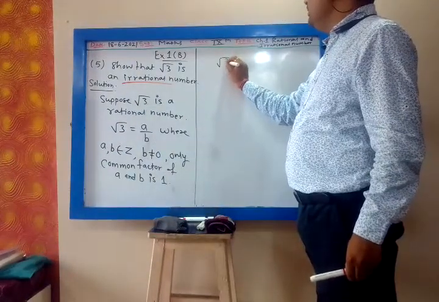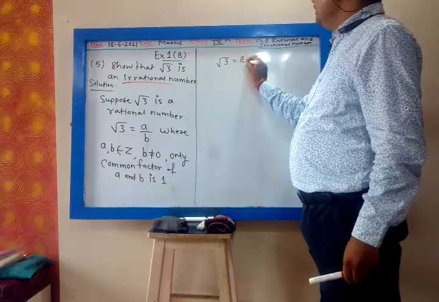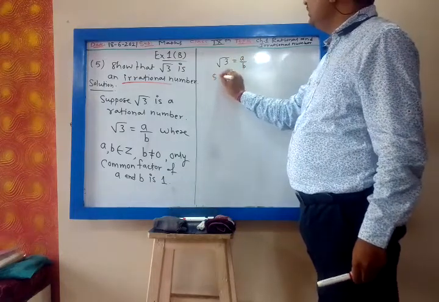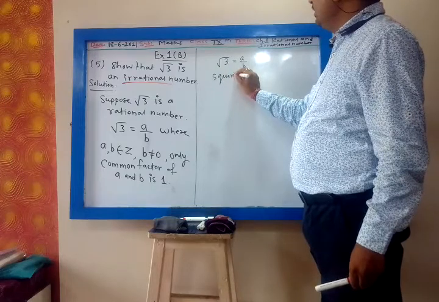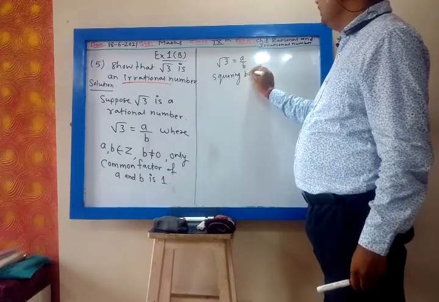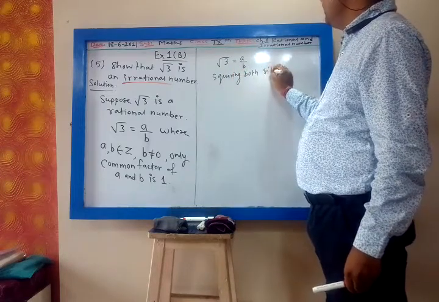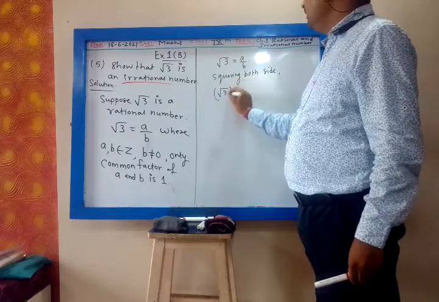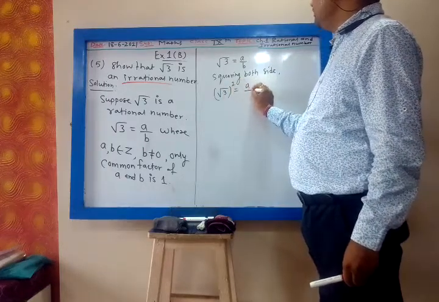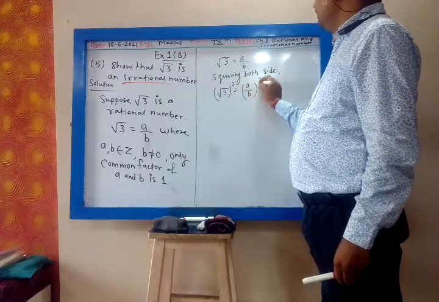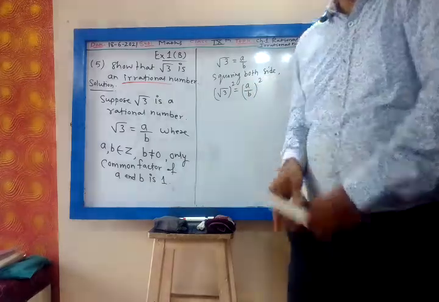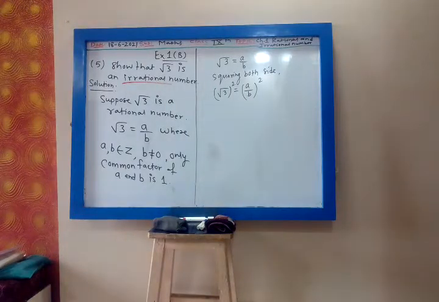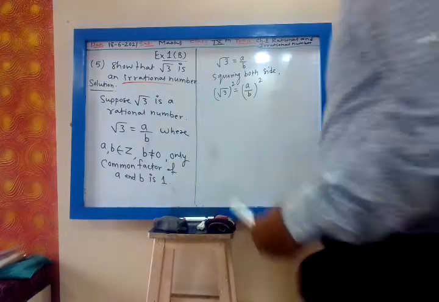Root 3 is a by b. Squaring both the sides, you will get root 3 square is equal to a by b whole square. Now what is root 3 square? Yes, 3.